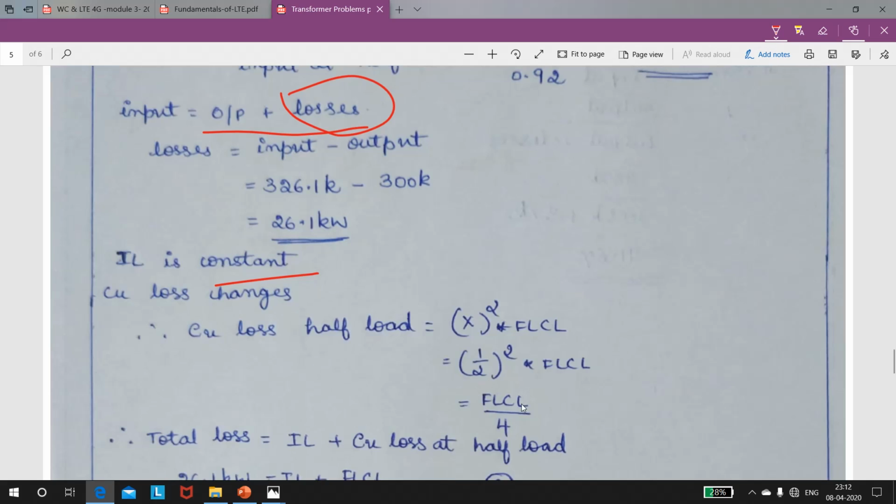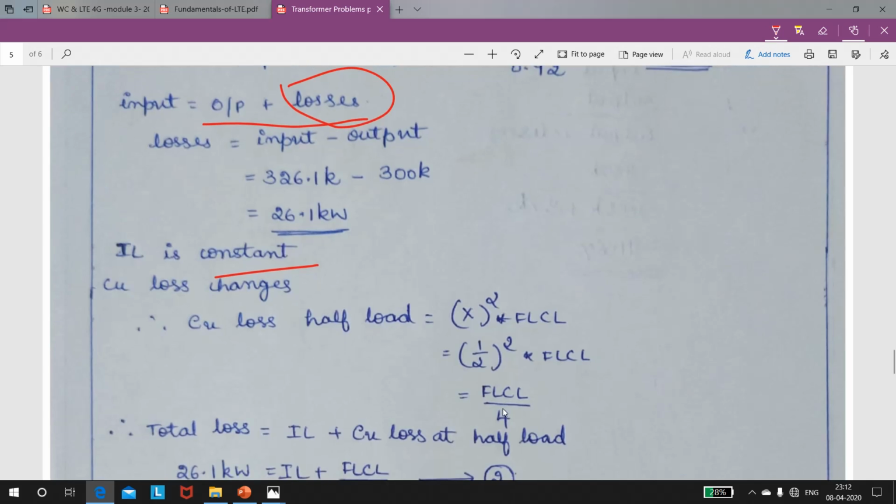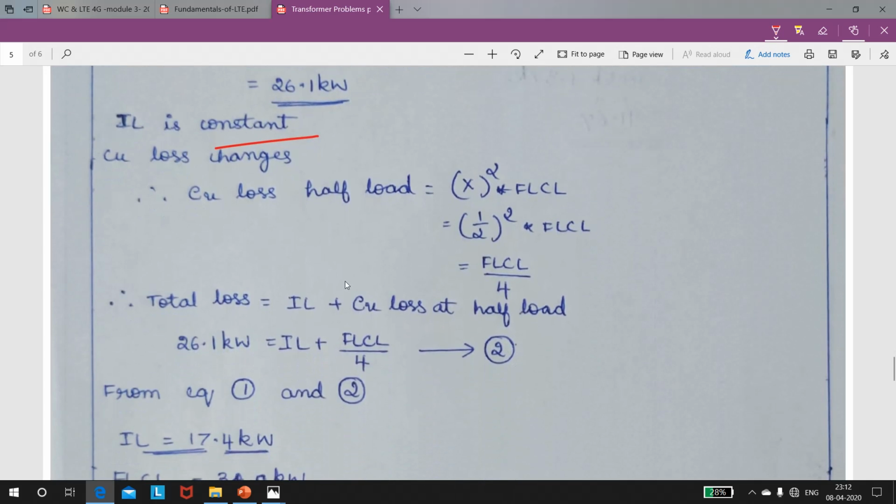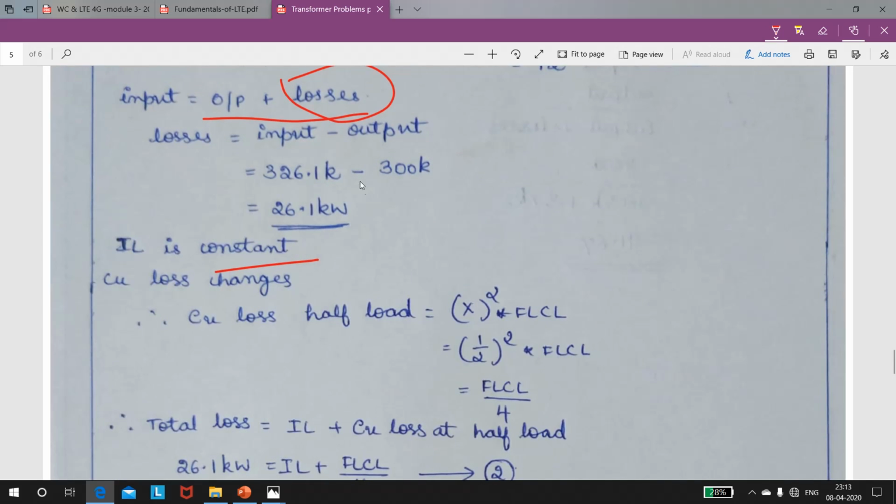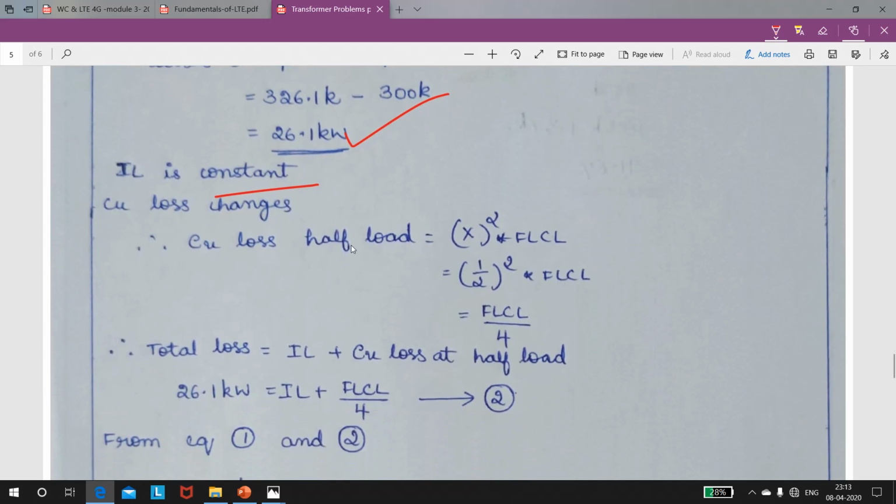That means copper loss at half load will be equal to full load copper loss divided by 4. So what will be your equation? 26.1 kilowatt. What is this 26.1 kilowatt? This is nothing but the losses that you have calculated here for half load, equal to iron loss plus copper loss at half load, which is nothing but full load copper loss divided by 4.